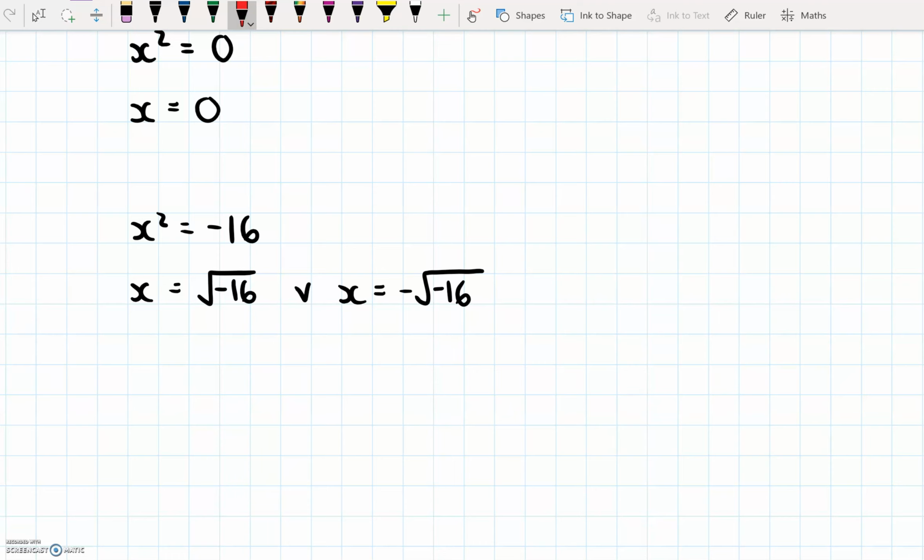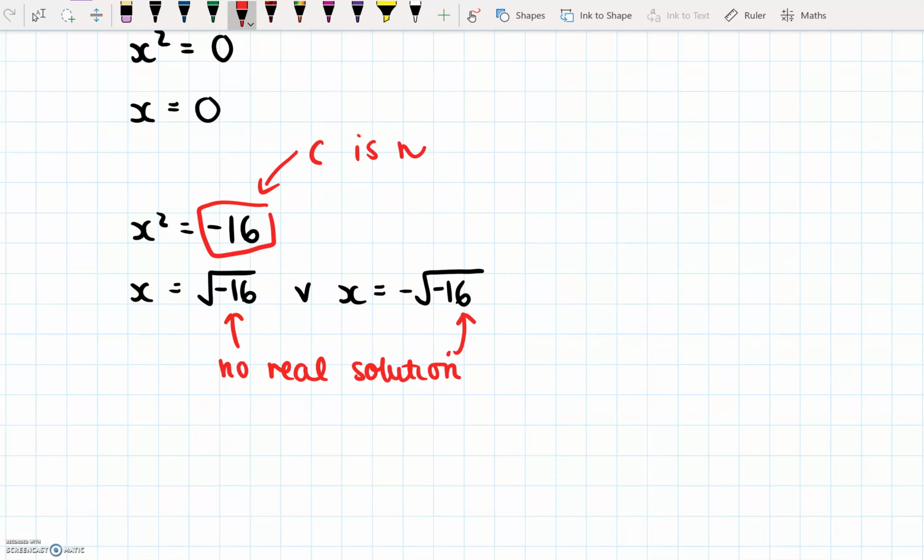But we said in the square root unit that this has no real solution, and that's the same for this one. So if you have a negative answer, if c is negative, then we have no real solution.